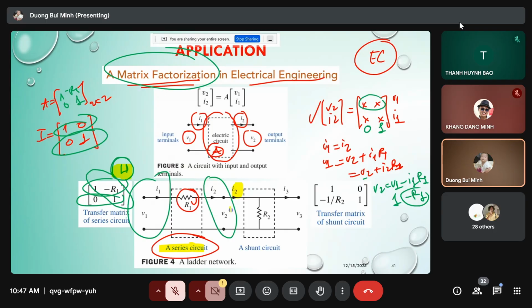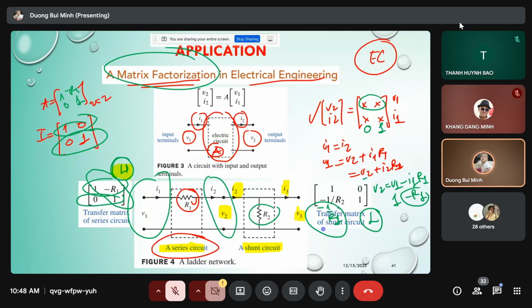Now look, this is a shunt. So you get lower. You get a lower matrix, and because it is a shunt, we just take the inversion.